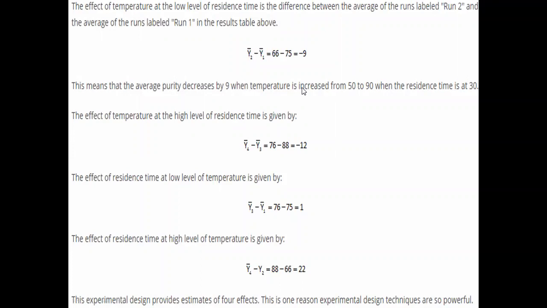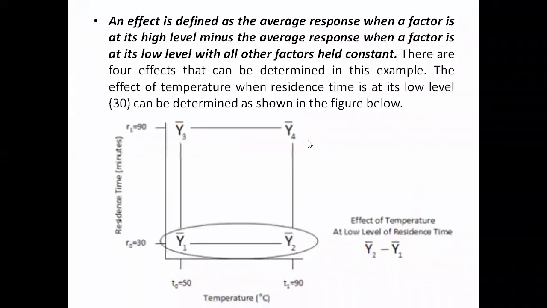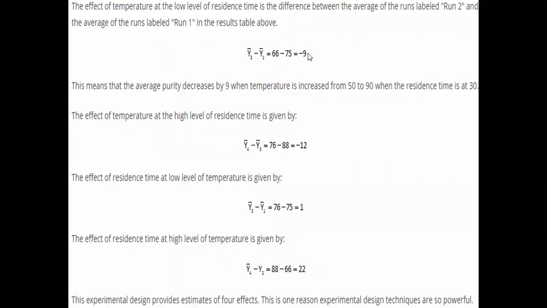Okay, this is when temperature is increased from 50 to 90 and the residence time is at 30 only. So we take y2 minus y1, so it is minus 9.